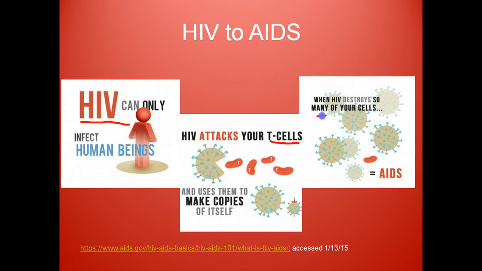So basically, it's diagnosed as AIDS when the HIV destroys a lot of the cells. As the disease progresses to a certain level of severity, when a certain amount of cells have been attacked, then that is what is considered AIDS. So it's basically just a progression of the HIV virus.